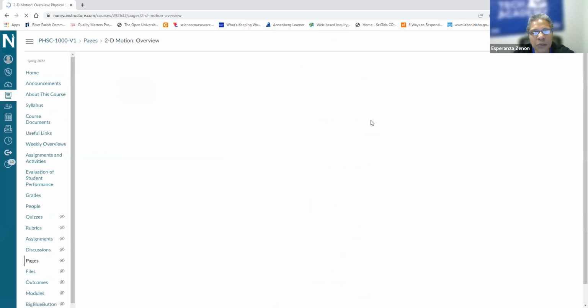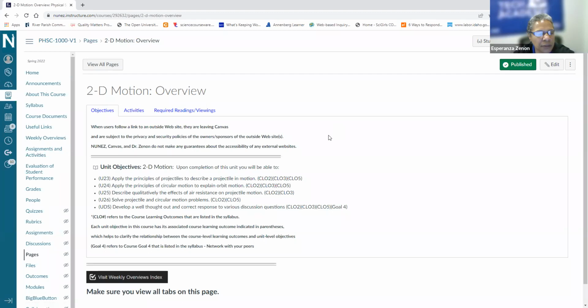All right, so you can see here this week that we're dealing with 2D motion. As I have been reminding you periodically, this whole idea of motion is one of the key aspects of this course. Last week, you spent time getting comfortable with the idea of vectors, because that's one of the primary tools that we use to help us establish direction when we're dealing with a moving object.